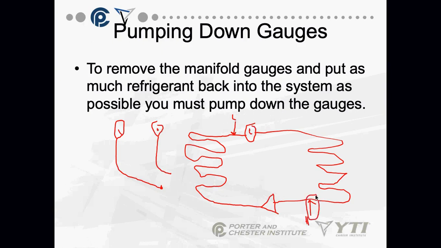But if I lose 10 ounces of liquid compared with 10 ounces of vapor, I'm going to make a bigger impact on the system by losing that 10 ounces of liquid, because it isn't expanded, it's compressed. So our goal is we want to lose as little liquid as possible from our gauges.